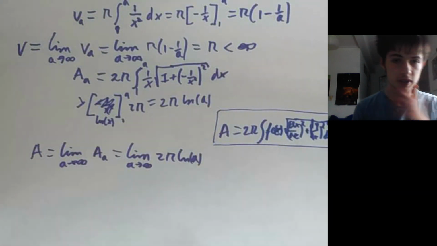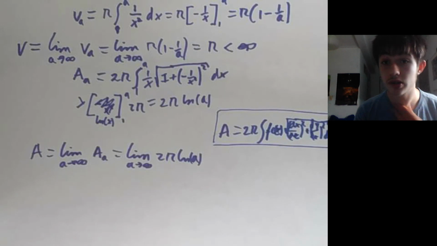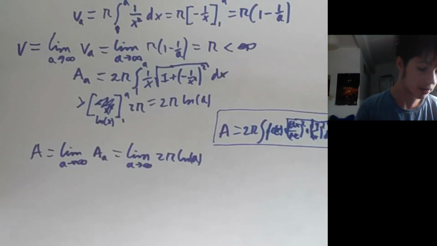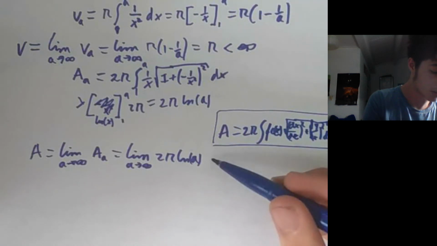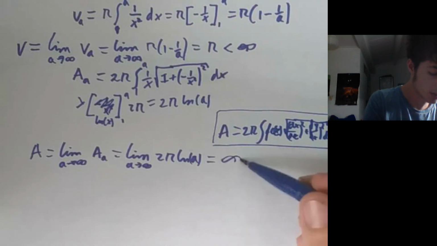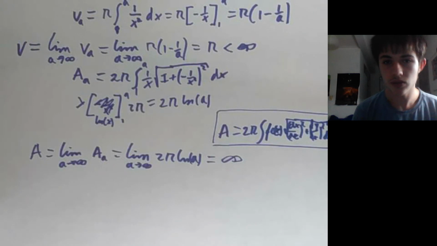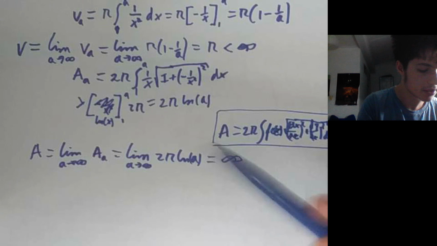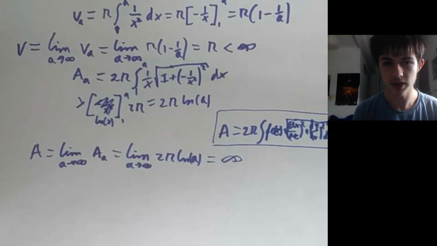Well, this quantity, natural log of a, gets arbitrarily large. So in fact, this is infinite. We can just informally say that this is infinite, and infinity is not really a number, but we don't care about things like that at the moment. It's at least unbounded, it goes towards infinity.